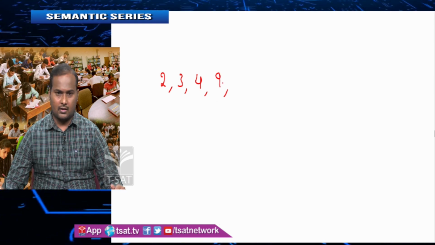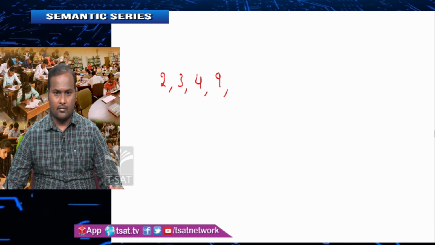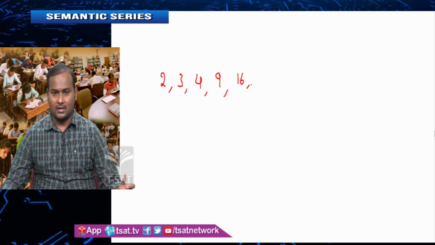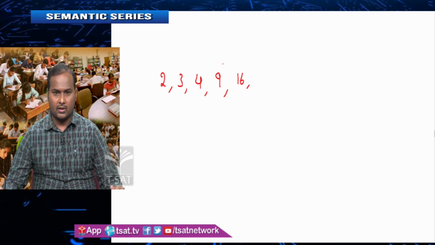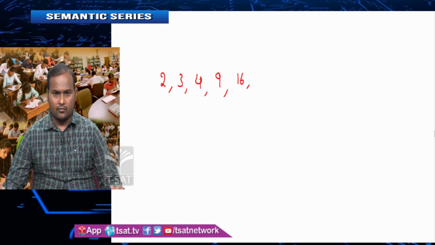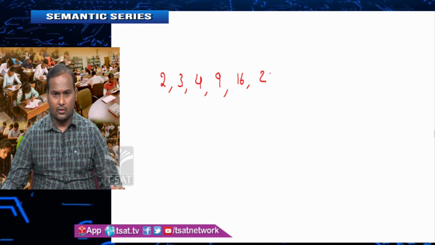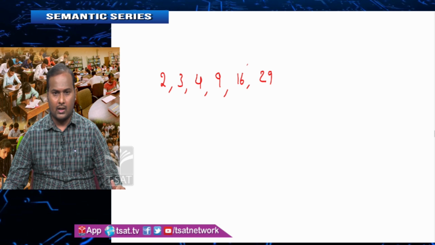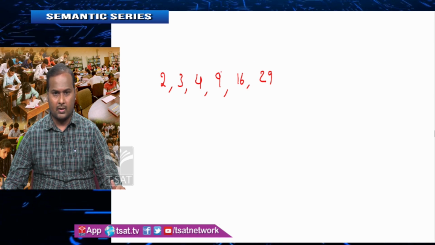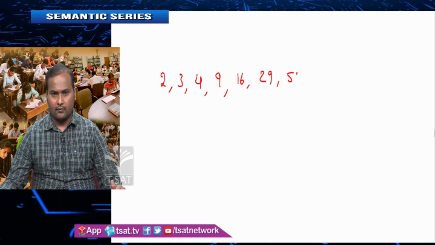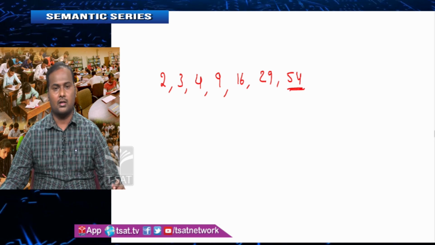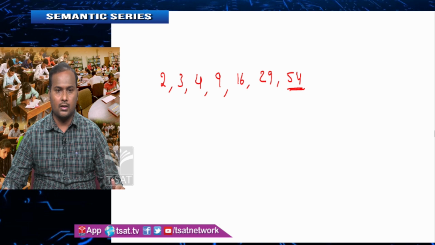Again, the next number is 9 plus 4 plus 3, that is 16, and the next number will be 16 plus 9 plus 4, that is 29. The next number will be 29 plus 16 plus 9, that will be 54. So this is the Fibonacci series that you will get by addition of the previous three numbers.